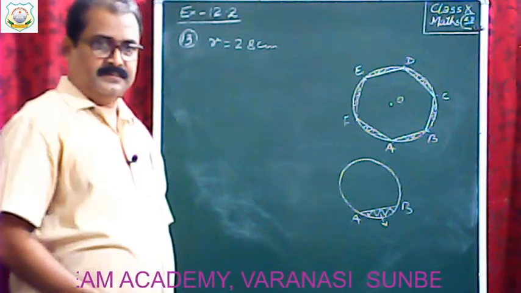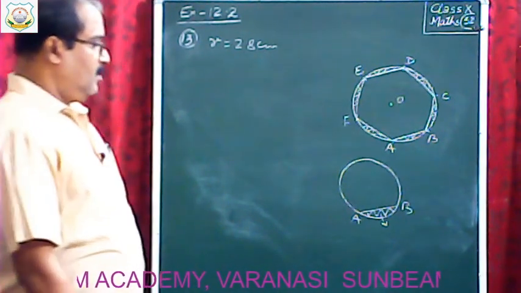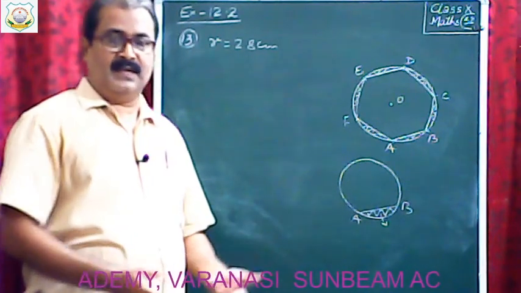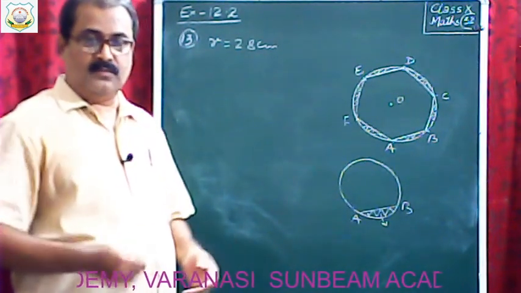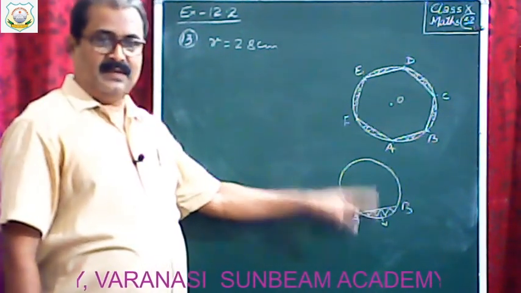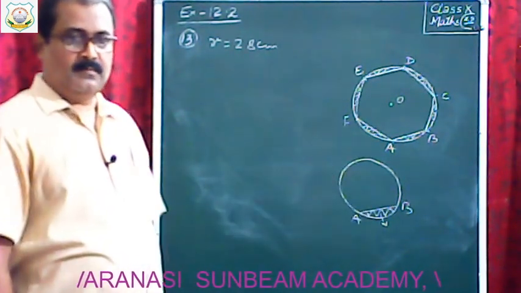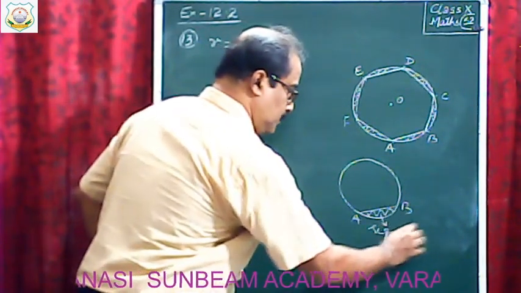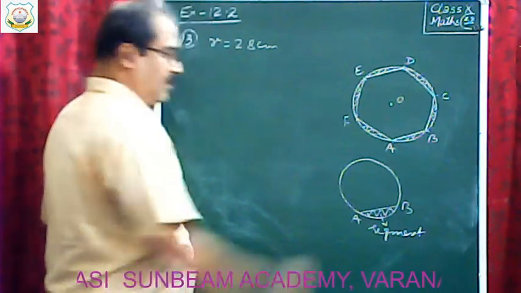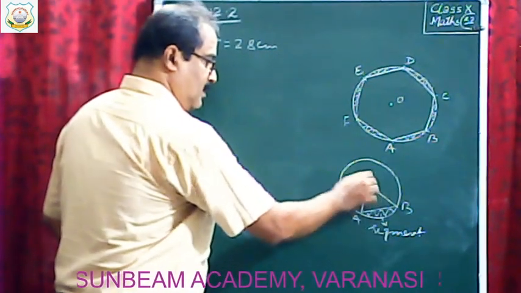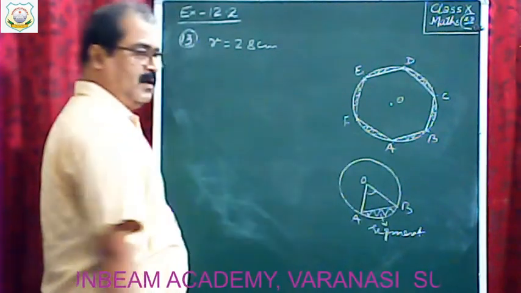A chord divides a circle into 2 regions known as segment. Smaller one is minor segment and bigger one is major segment. Area of segment equals area of sector minus area of triangle AOB.